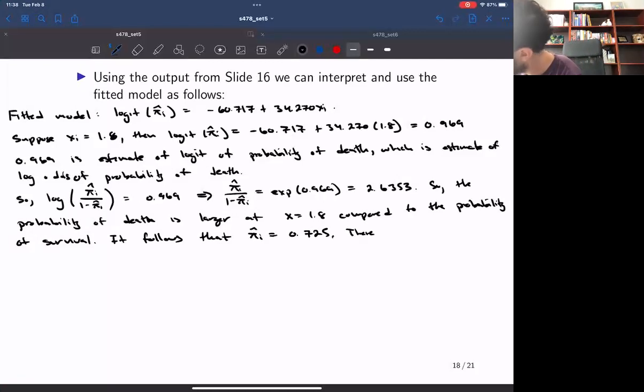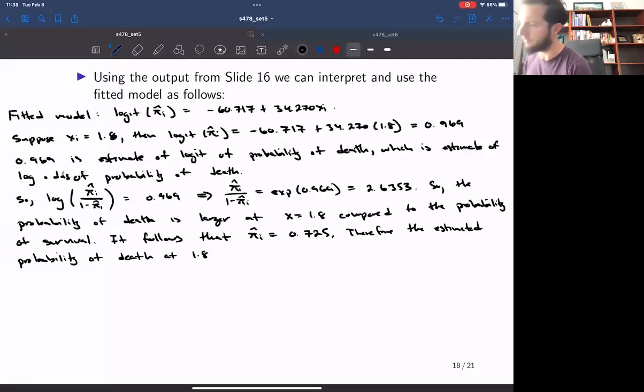So therefore, the estimated probability of death at x_i equals 1.8 is 72.5%.